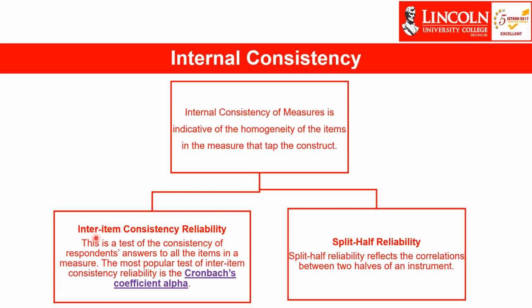One is inter-item consistency reliability, while the other one is split-half reliability. Split-half reliability reflects the correlation between two halves of an instrument. While inter-item consistency reliability, which the majority of researchers use, is a test of the consistency of respondent answers to all the items in a measure. The most popular test of inter-item consistency reliability is the Cronbach coefficient alpha.